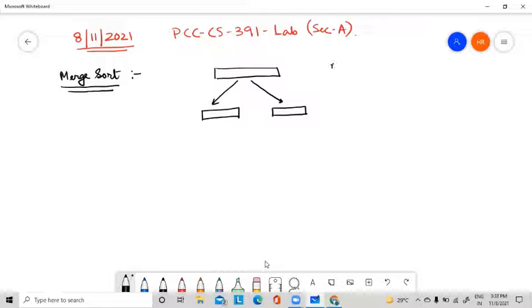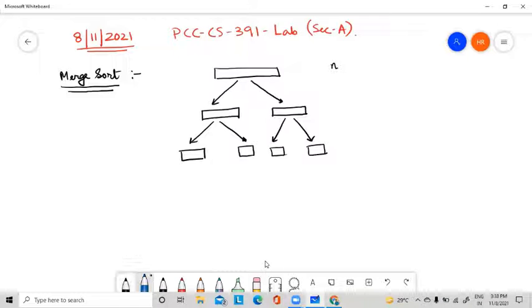If the size is n number of elements, then we will select the middle position of the array, divide it into two parts, and it will further divide into parts. Again these subparts will be divided into further subparts. It means you have to perform the division operation again and again until these subparts become single elements.